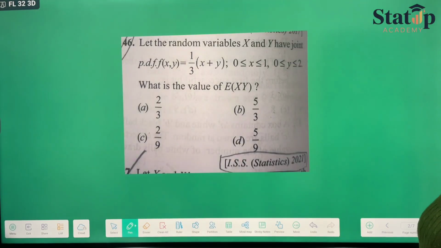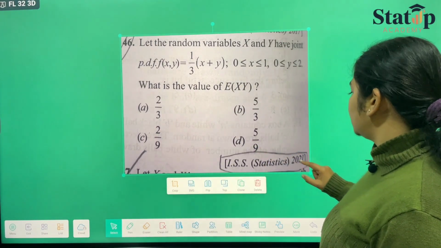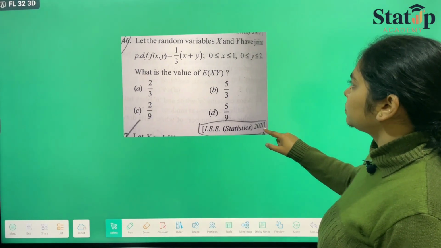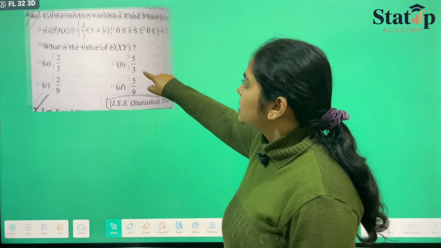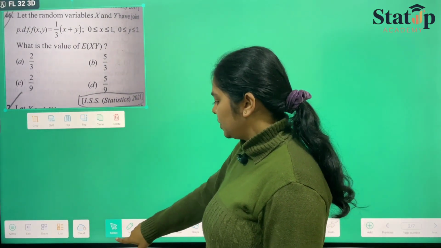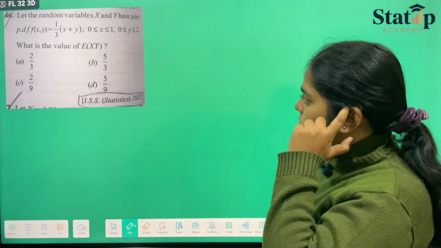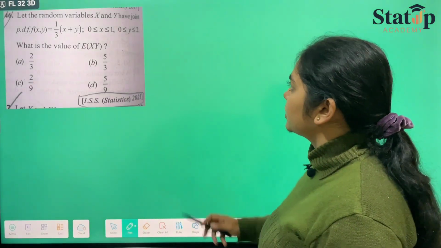Now moving forward to another question, which is one of the PYQs of our ISS examination. They have given us the joint PDF of x and y, and they have asked us to calculate the expectation of xy.